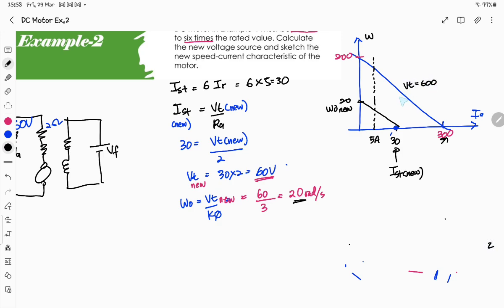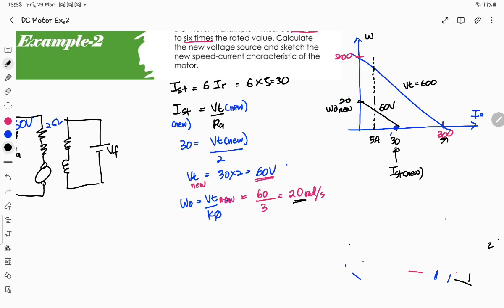When we reduce the terminal voltage to 60 volt, it is found that you will have a new starting current of just 30 amp, with the no load speed at 20 radian per second. This is the no load speed, not the motor speed.